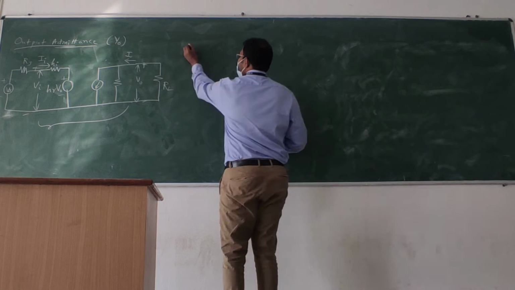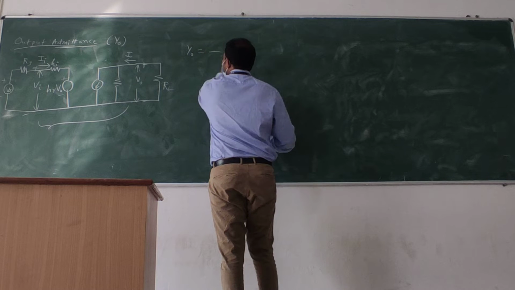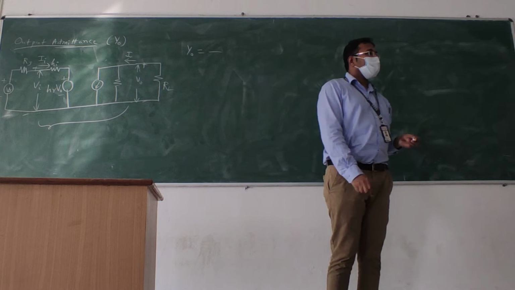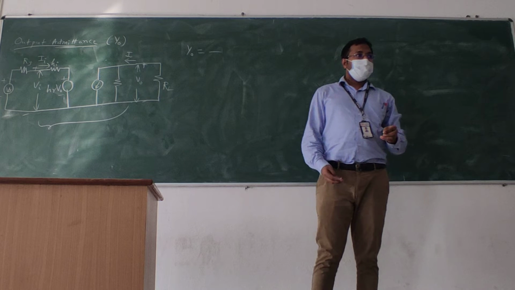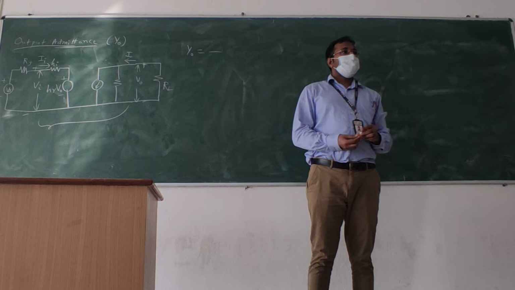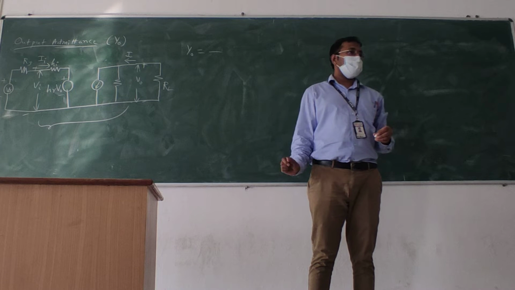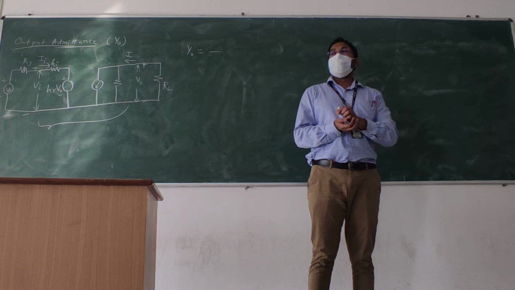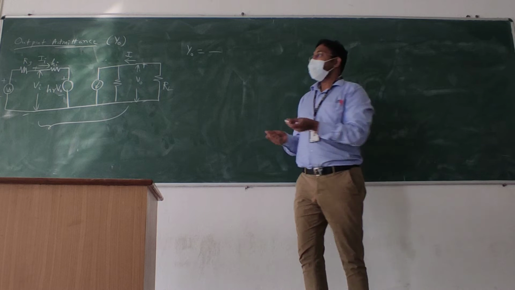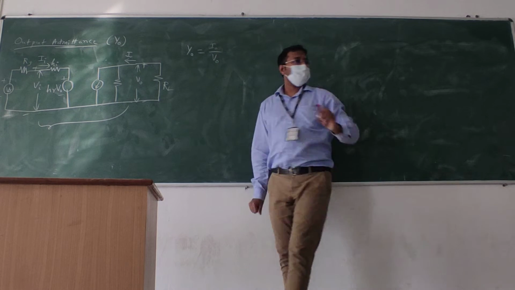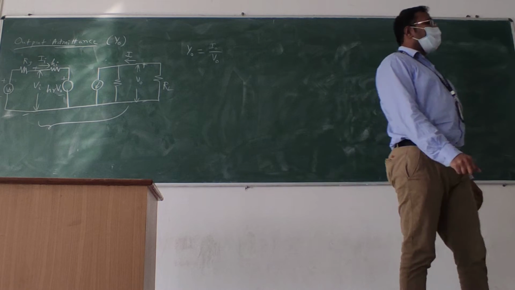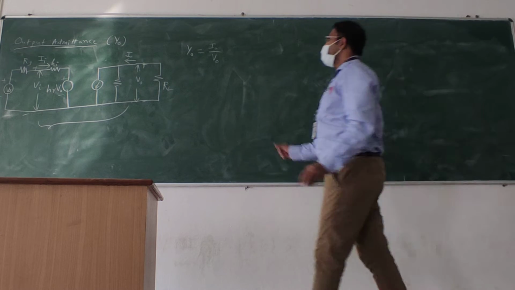So, tell me what will the output admittance be? Yes, Jansi, what is Y naught? Admittance, current by voltage. Output admittance. So, what should I write here? I naught by V naught.